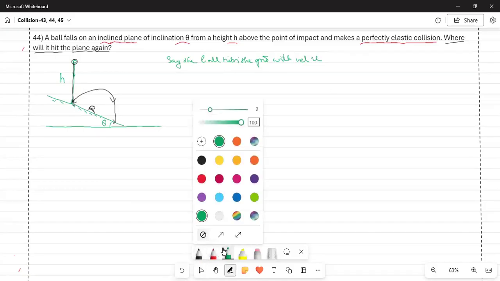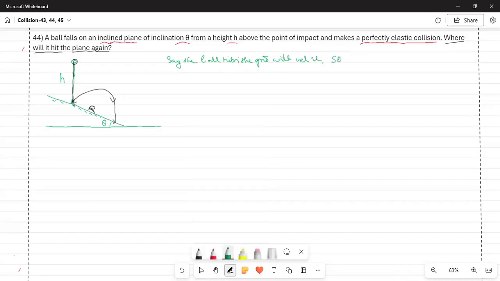Then we know from the equation of kinematics, u equal to under root 2gh. We have seen from kinematics, this is the equation.